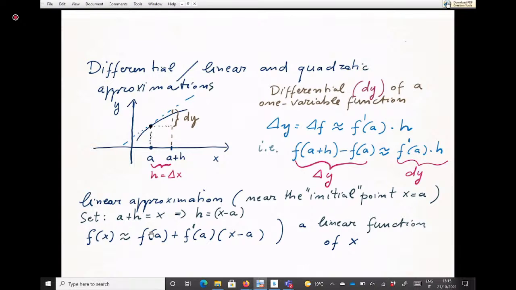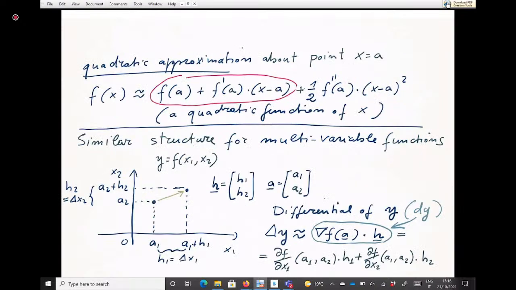And the squared will be replaced by a quadratic form.